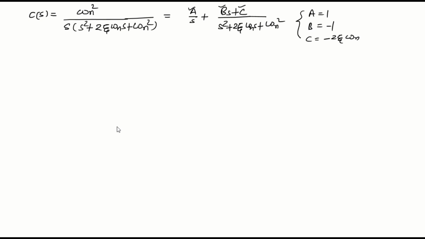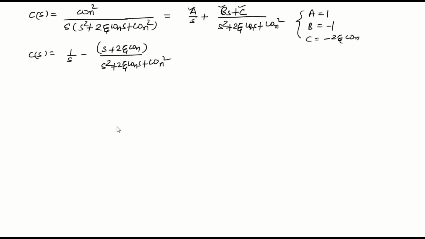So finally C(s) comes out to be 1 by s, since the value of A is 1, and let me take minus common here, and the numerator term will be s plus 2 zeta omega n divided by s square plus 2 zeta omega n s plus omega n square.